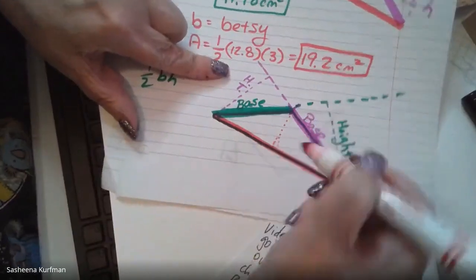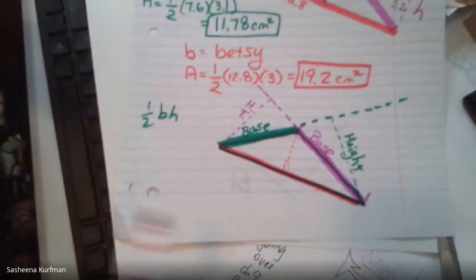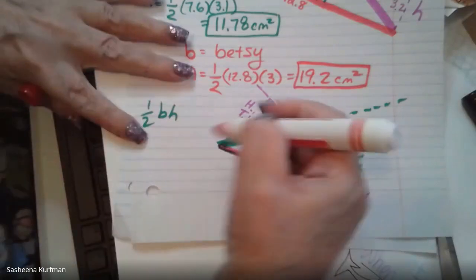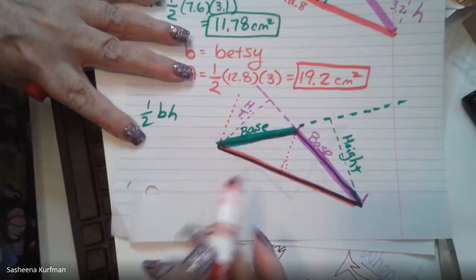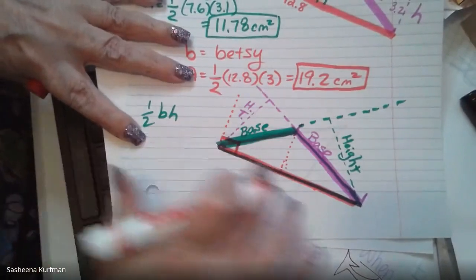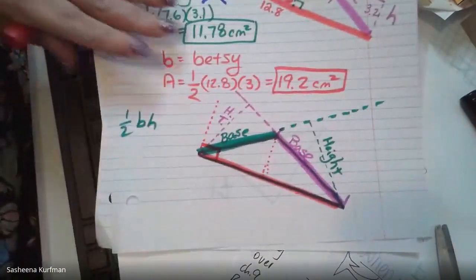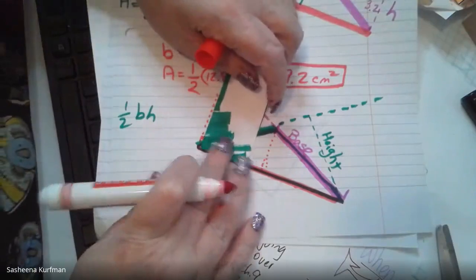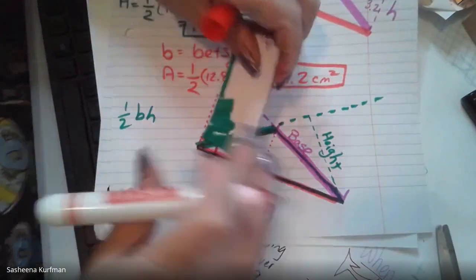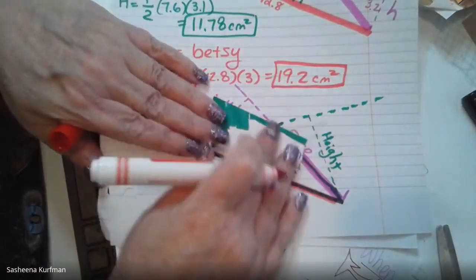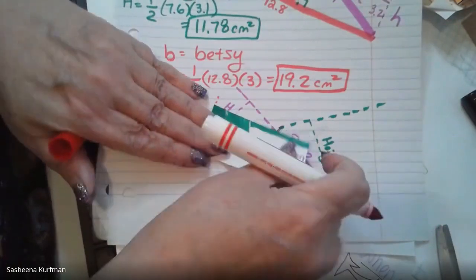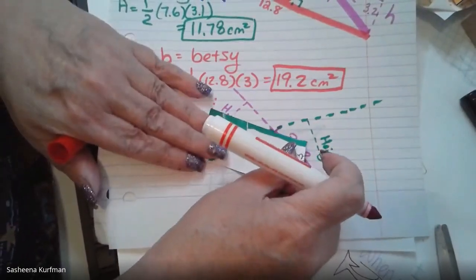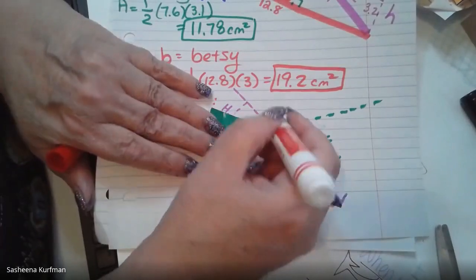So I ended up drawing a line here that formed a right angle with this side. Once I had done that, I also had to make sure this formed a right angle, so that I didn't make it longer than it needed to be to that opposite vertex.